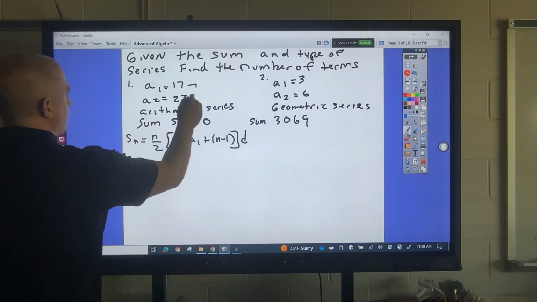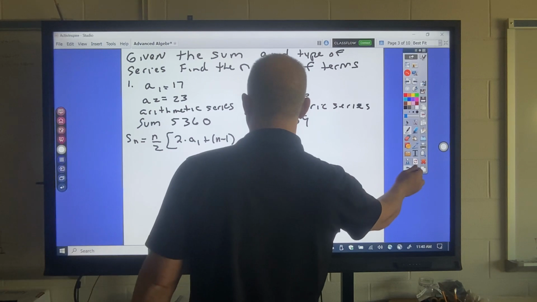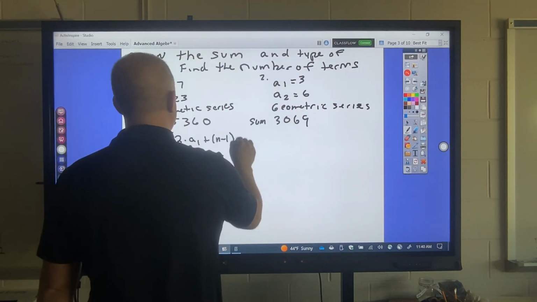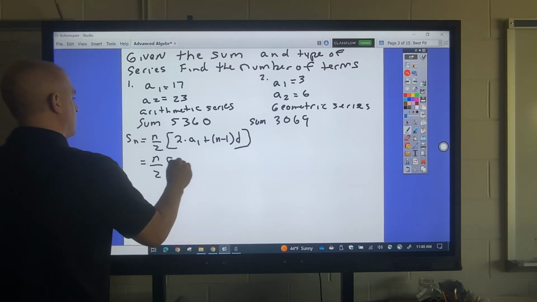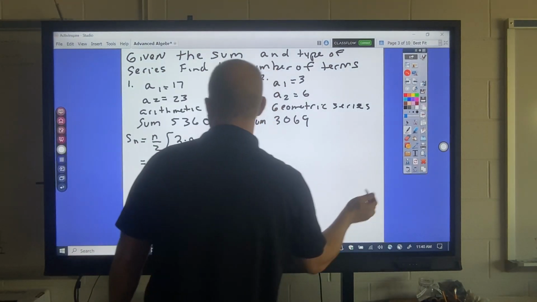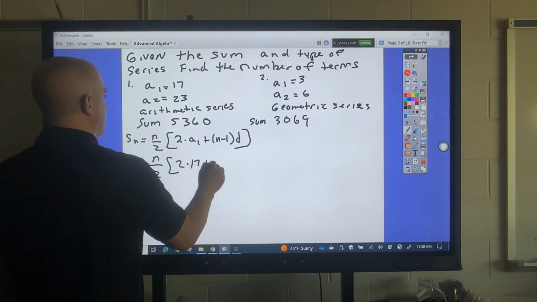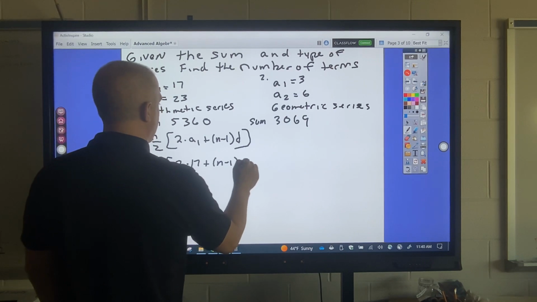The difference here would be 6, right? So I got n over 2 times (a_1, which now is 17, plus (n minus 1) times the difference, which is 6).